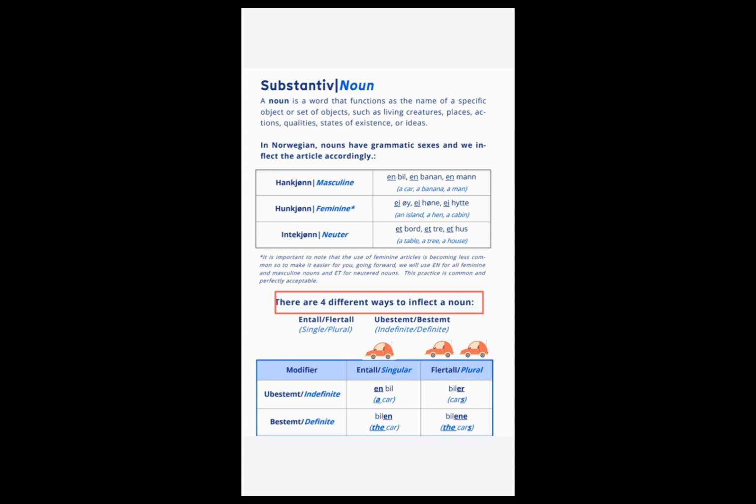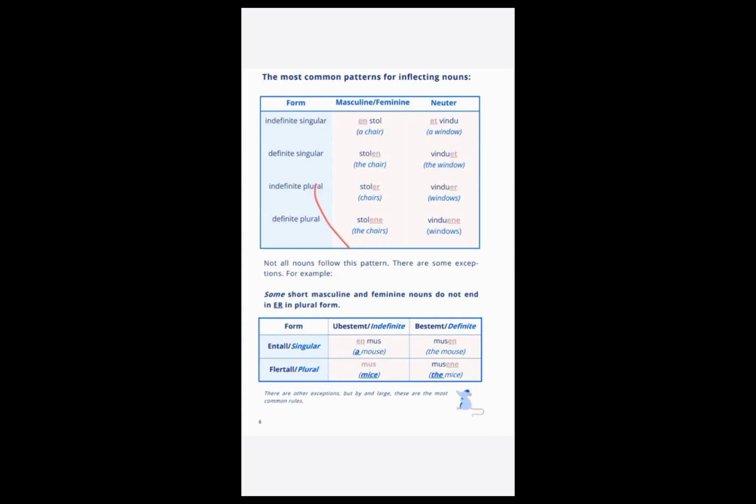In plural form, you will see that in most nouns in plural form they use er at the end, and when this plural converts into definite plural, the noun ends with ene. Bilene, the cars. A few more examples here you can see.